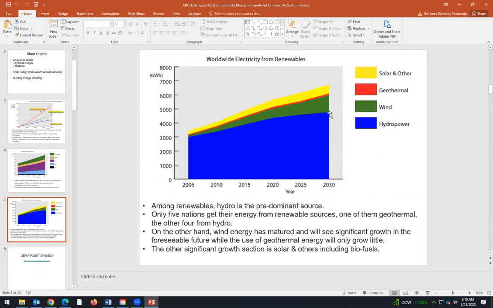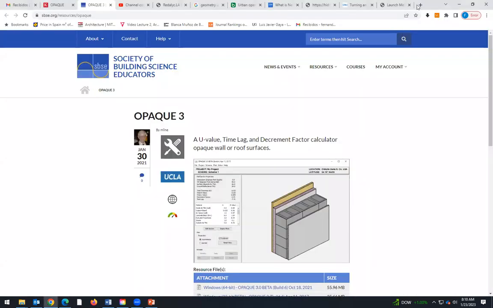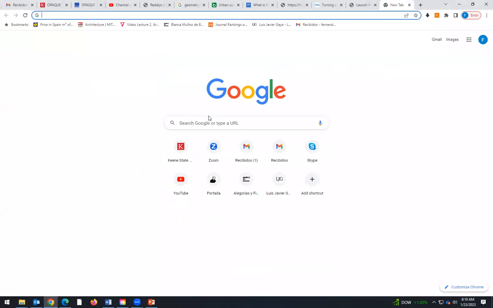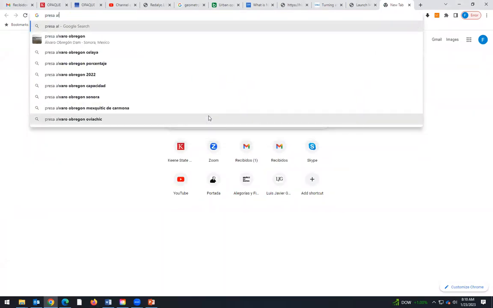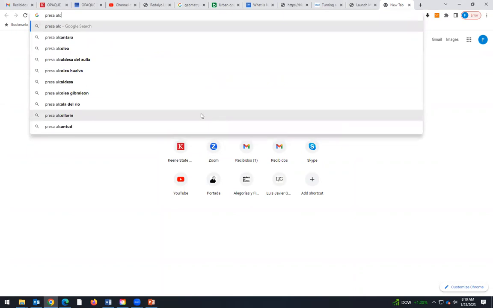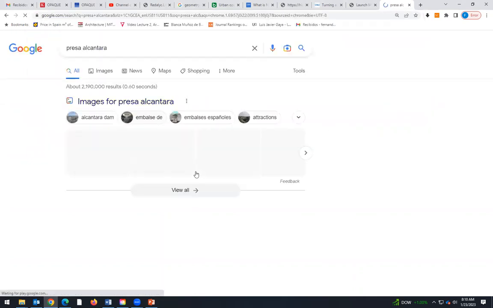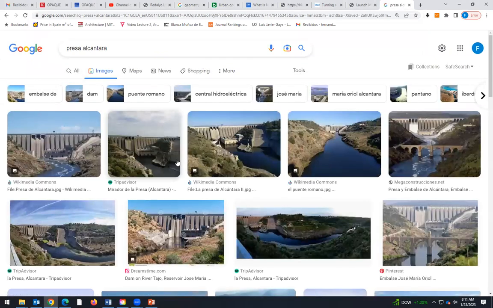So this is renewable, but hydropower has an impact. It's renewable energy, but it doesn't mean that it doesn't have an impact. This is a way to generate renewable energy, but it has an impact on the landscape.